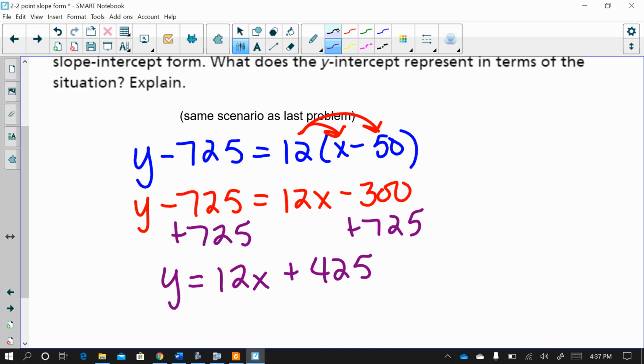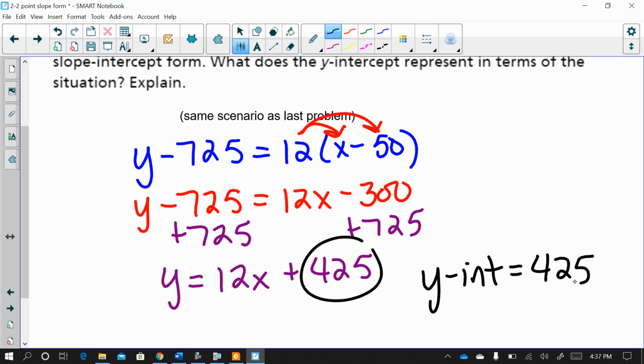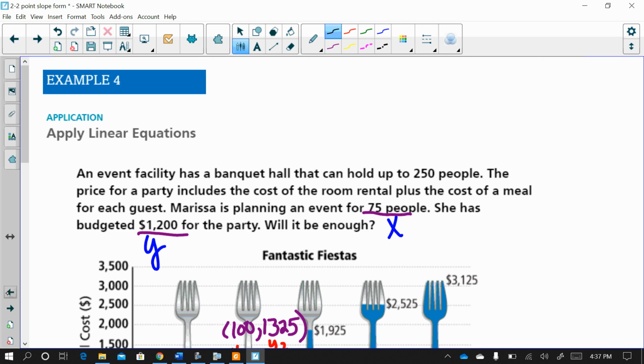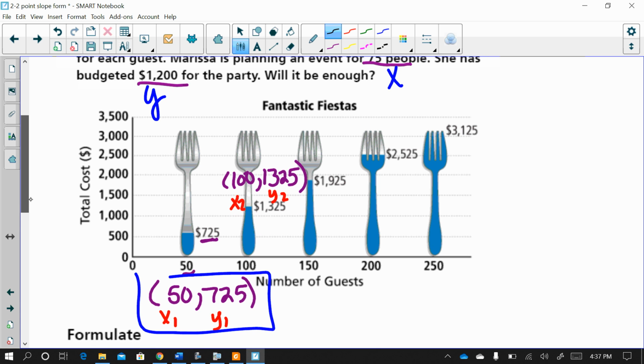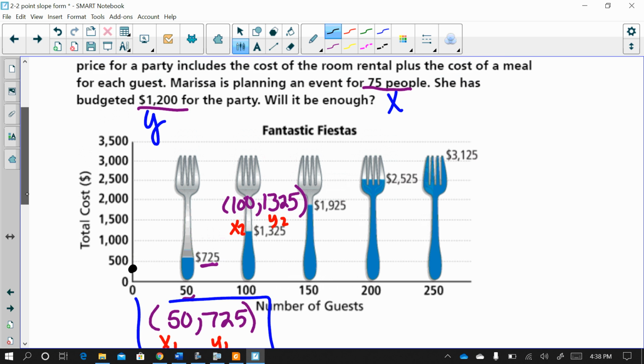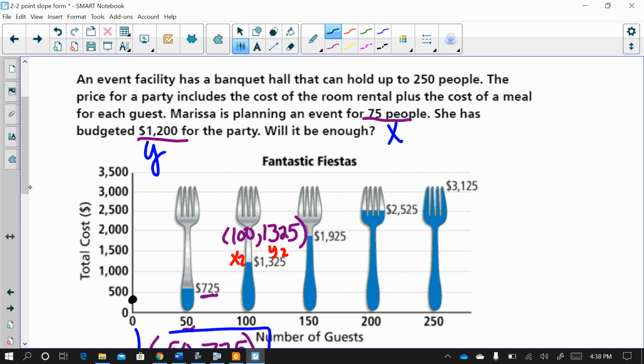So what's my y-intercept here? That is just 425. So let's take a peek back on the graph. y-intercept 425, about right in here. What does that represent? Well, I have 0 guests, and it costs me $425. What did I pay for? The party includes the cost of the room rental plus the cost of a meal for each guest.